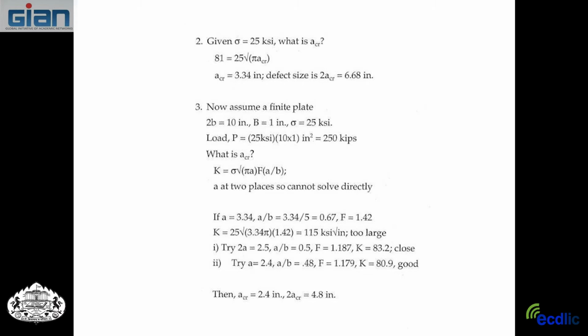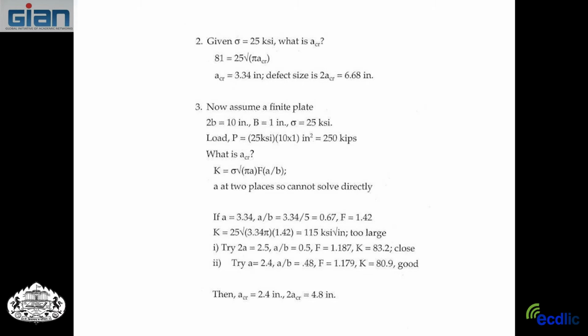I told you it was okay to do a linear interpolation, and my linear interpolation said that F would be about 1.42. So now all you can do is calculate K from these data, and I got 115. Now the failure K that we picked was 81. So 115 is too big. And then the next step is to back off a little bit and try another one. And just keep trying and trying until you get a good number.